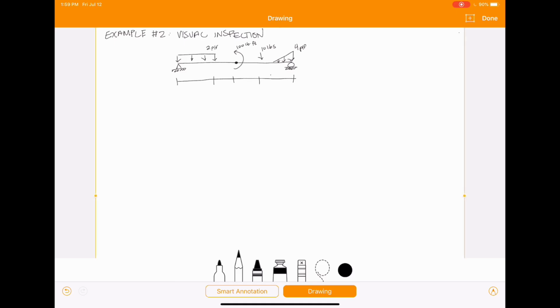We're going to get 5 feet here, 2 feet here, 2 feet here, 2 feet here, and 4 feet there. Again, this isn't to scale, but you get the idea.